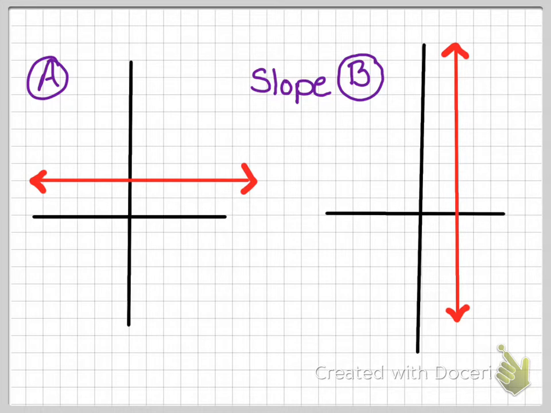All right, so here comes the explanation. I'm going to remember that A is a horizontal line. The key word that goes with horizontal is HOY, which is y equals. The O in the middle stands for 0.